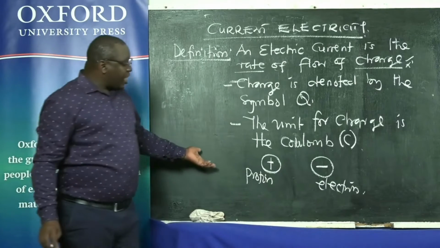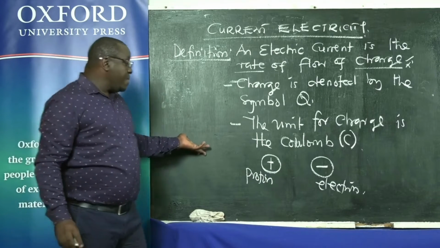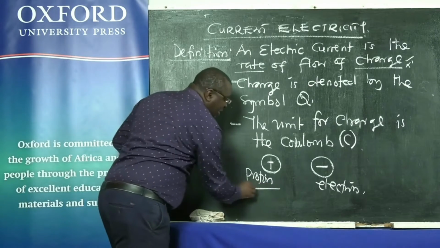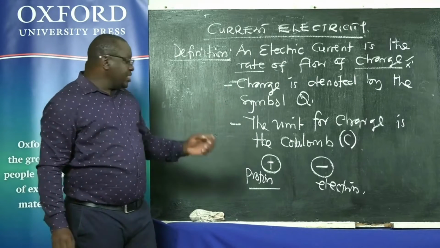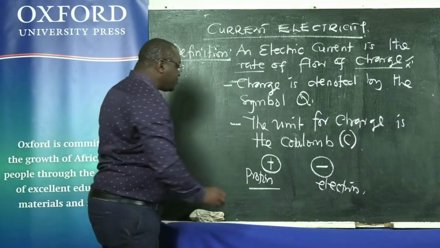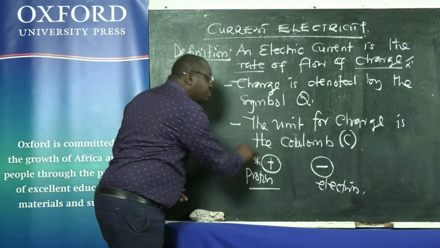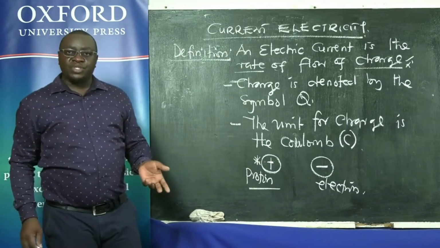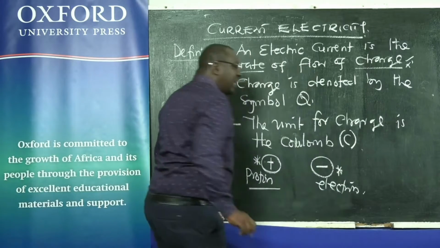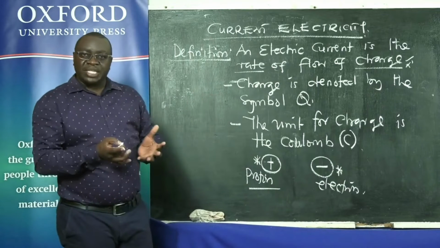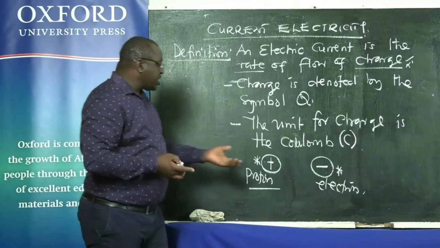From grade 10 work, electronic configuration, we remember that protons are found at the heart of an atom, at the nucleus. Since they are bound to the nucleus, these protons do not move. They are not mobile and can't be lost from an atom. But electrons are found orbiting around the center of the atom, which is the nucleus.